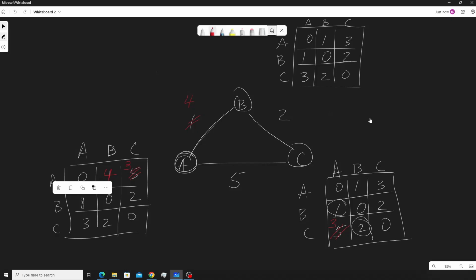Now, how these tables push updates that increase the costs is as follows.